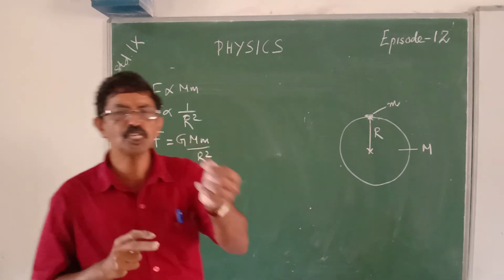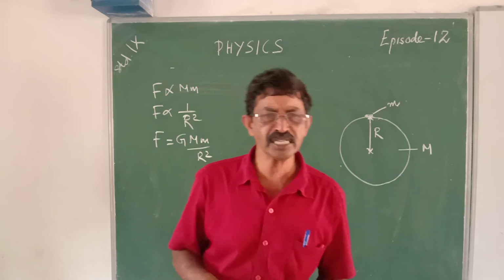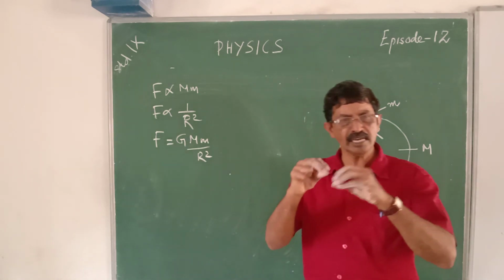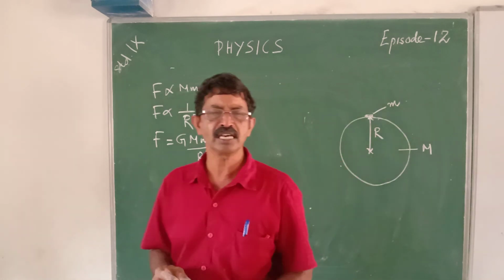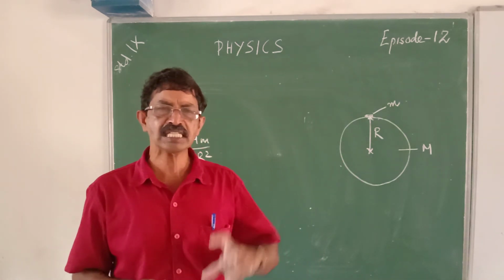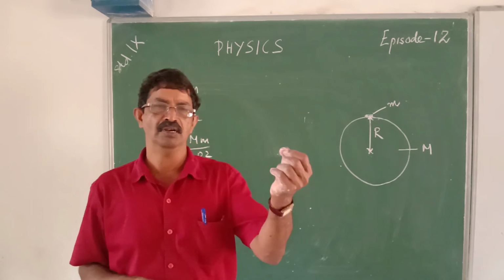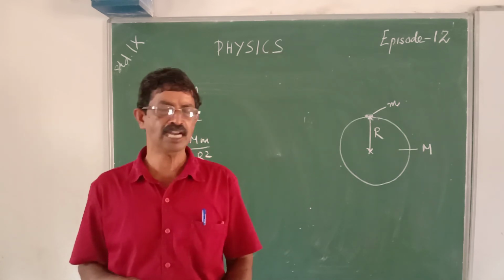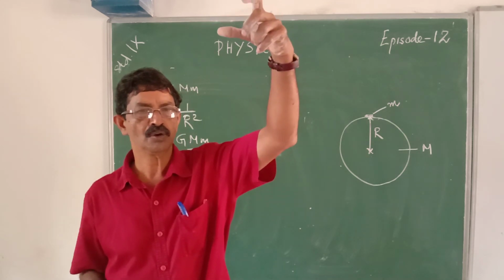Here you see the apple falls at a very high speed, even though the mutual force is there. Gravitational force is actually a mutual force. If that force is mutual, then why does the earth not move towards the apple? Only the apple is falling down; the earth is not moving up.